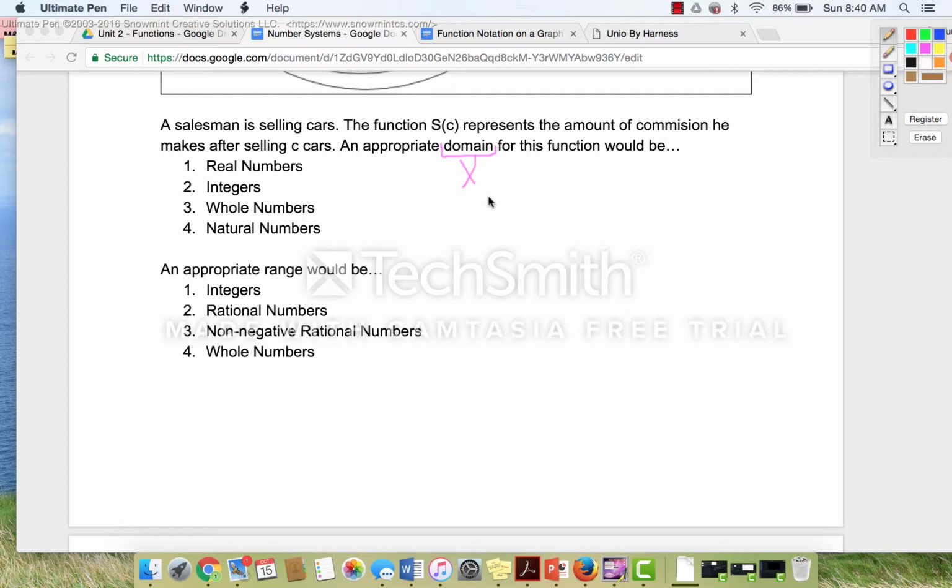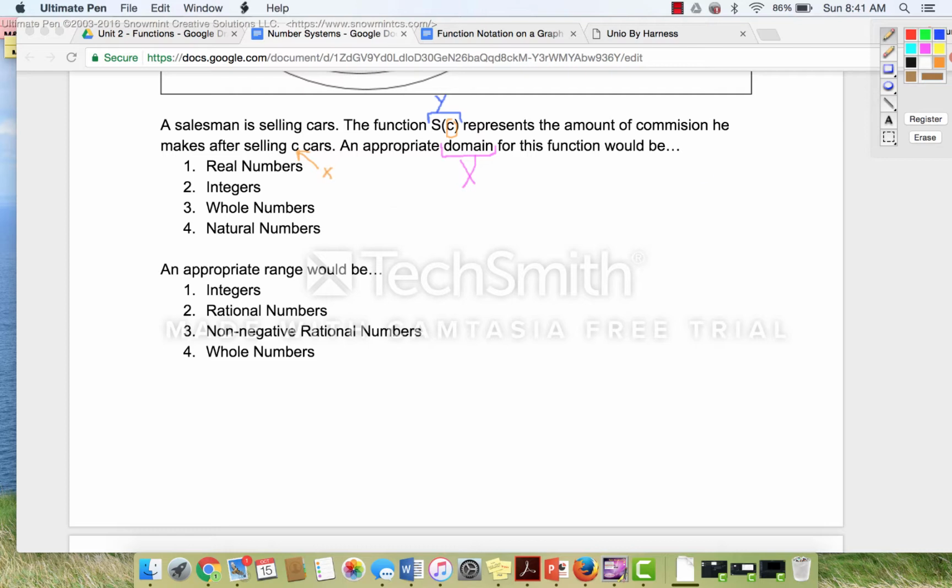The function S of C. I know that notation, like an f of x, a g of x, an S of C, is my fancy way of representing y. So these are just my y values. And it represents the amount of commission he would make after selling C cars. Well, C is what's being plugged in here. That's in my x spot. So I'm looking for x cars.